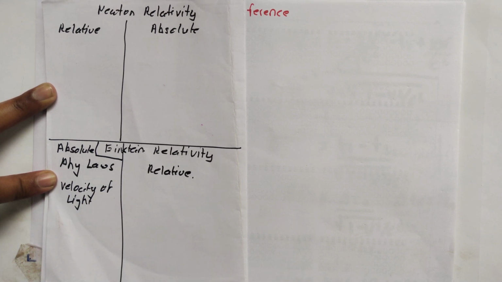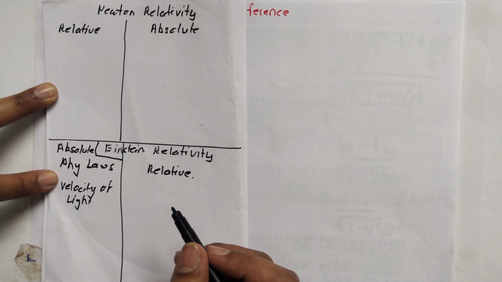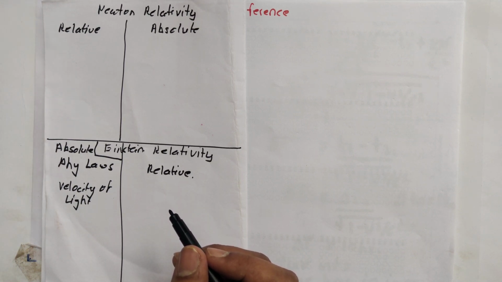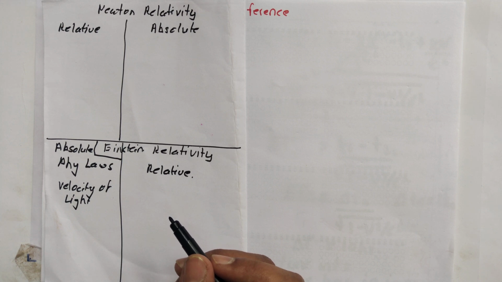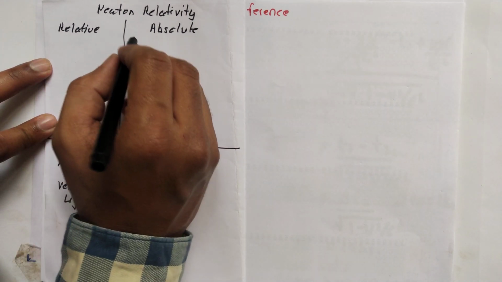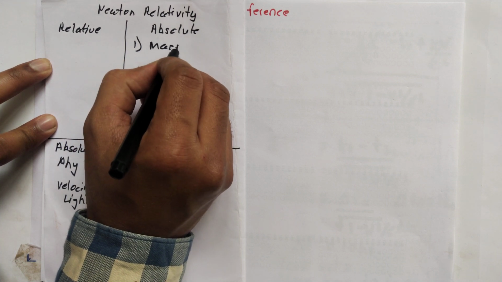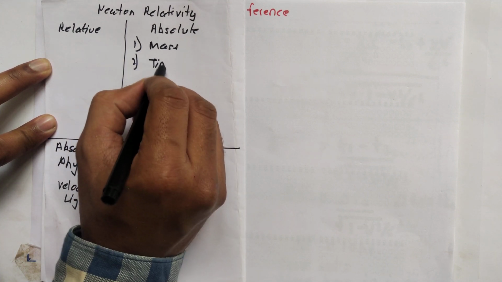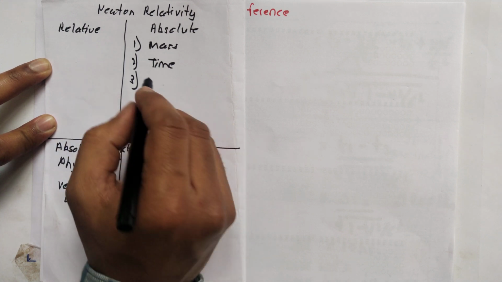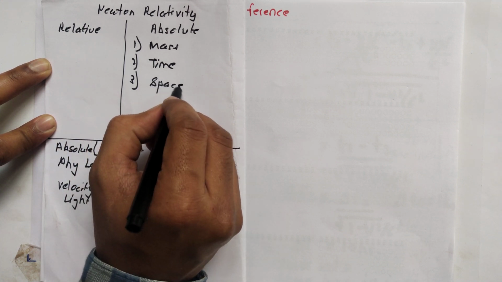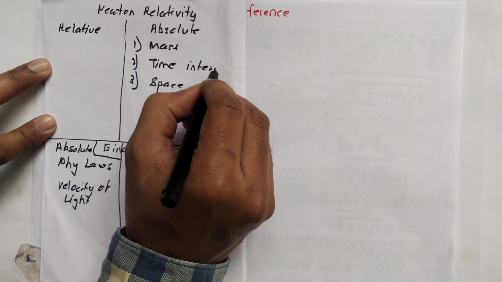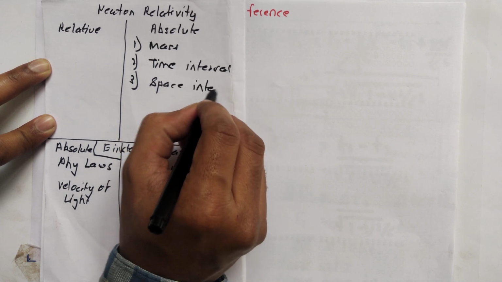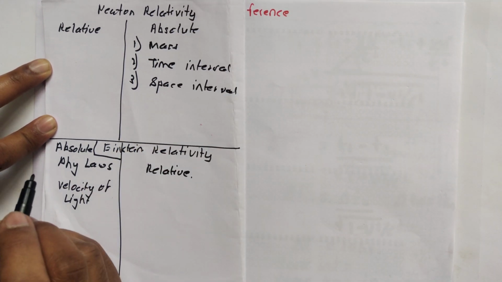To understand this properly, first let us consider what we used to consider relative and what we used to consider absolute according to Newton's theory of relativity or Newtonian relativity. According to Newton's relativity, we used to consider mass, time, space, that is, time interval and space interval, as absolute.